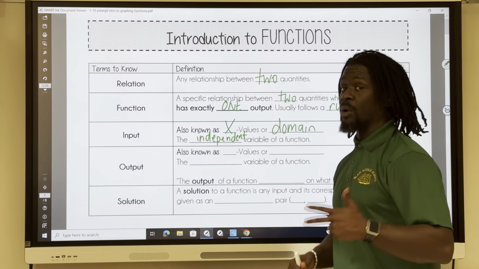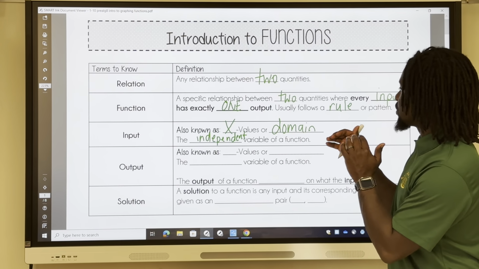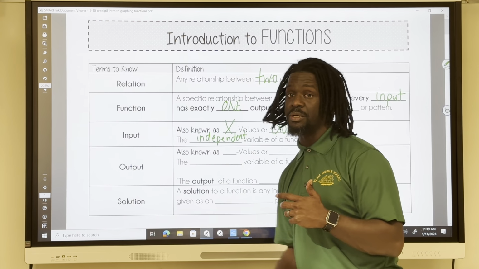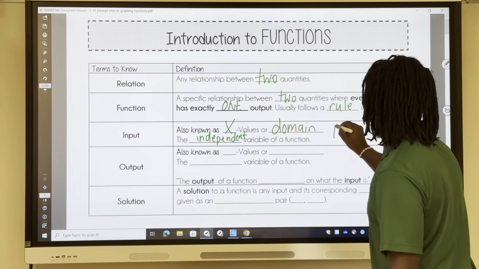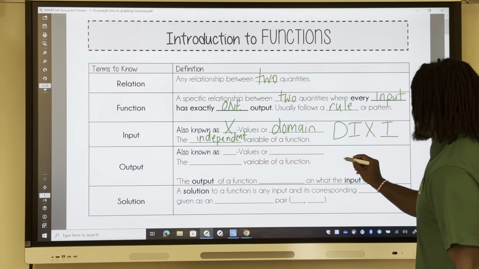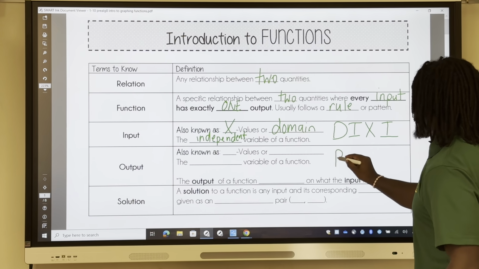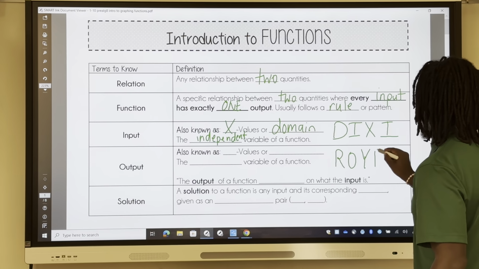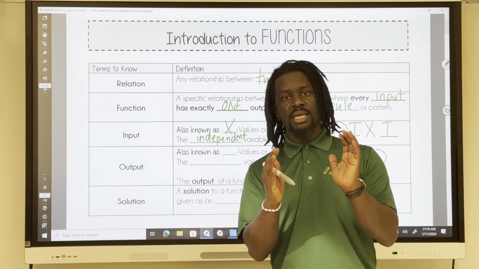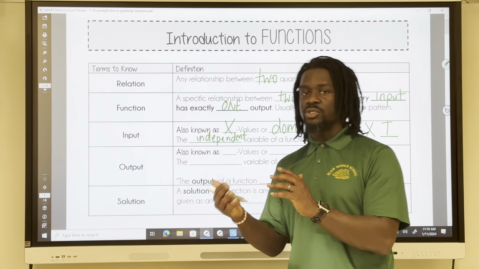There are several different terms you can use when describing the input. One way you can remember them is by the word Dixie, and the other one that usually goes with it is Roy. Dixie-Roy is a way of remembering those terms.